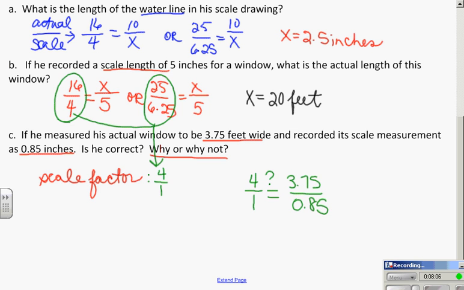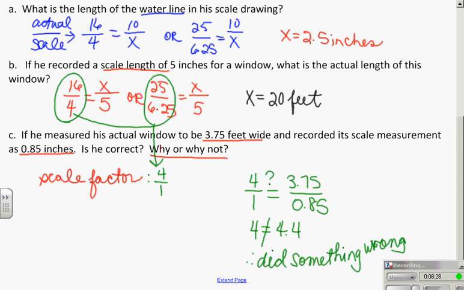Because we want our scale factor to be the same throughout our drawing, when we work this out, we end up with 4.4. Since those are not the same, therefore, he did something wrong. He either measured wrong or calculated his scale drawing incorrectly.